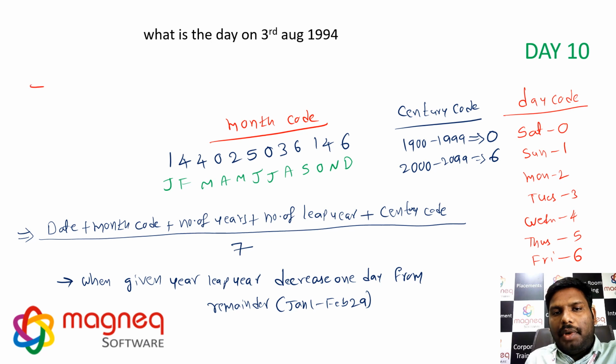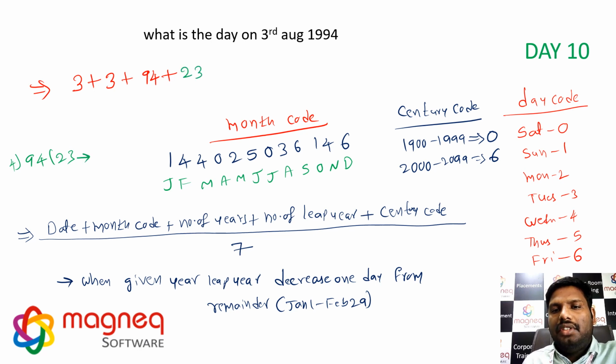So now apply: date 3 plus month code for August, also 3, plus number of years from the 19th century, 94, plus leap years. 94 by 4 gives 23 times, so we take the coefficient 23 as the number of leap years, plus century code for the 1900s, 0, by 7.